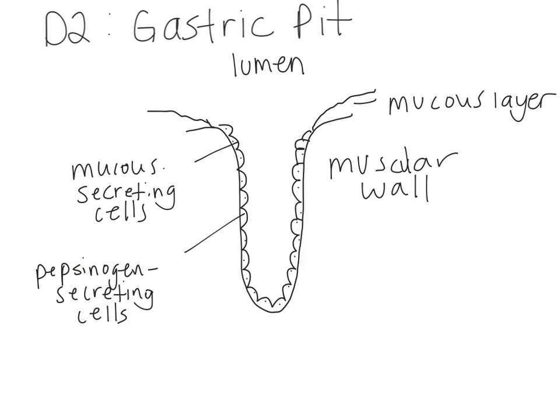Pepsinogen is a protein that, when activated, turns into the enzyme pepsin, and pepsin is then responsible for breaking down large polypeptides into smaller polypeptides. So what is it that activates this pepsinogen? Well, that pepsinogen is activated by hydrochloric acid, and that hydrochloric acid is secreted by these cells all the way down here at the bottom, called the HCl or hydrochloric acid secreting cells.